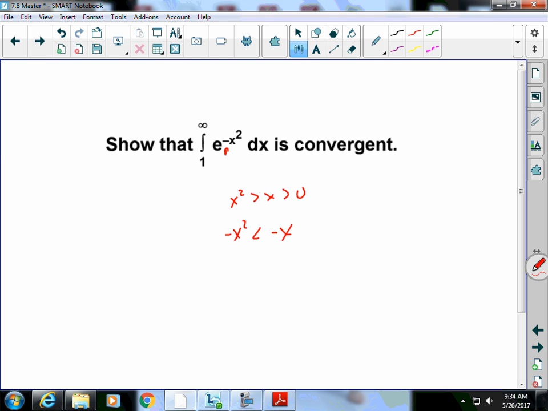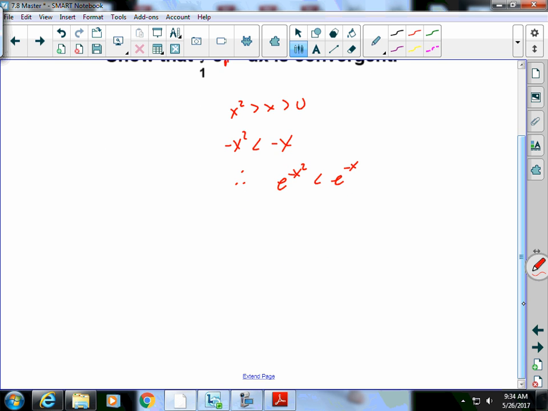So that's a true statement now. And if this is true, therefore, e to the minus x squared has to be smaller than e to the minus x. And if that's true, and this is how I want you to build your arguments, then the integral from 1 to infinity of e to the minus x squared dx has to be smaller than the integral from 1 to infinity of e to the minus x dx.